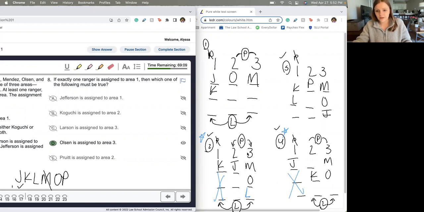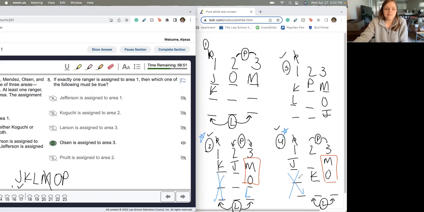So for example, I actually have 2 things that are consistent. M and O always have to be in 3. So immediately before I even go into my answer choices, I'm predicting M is in 3, O is in 3.